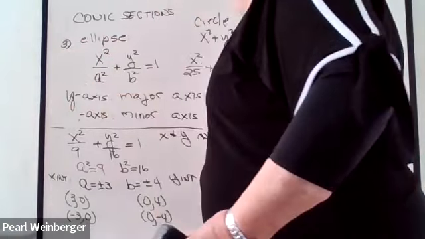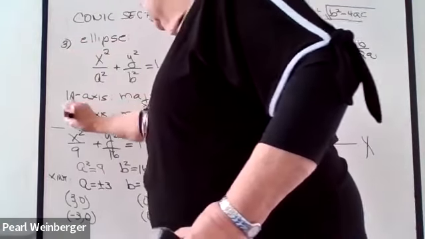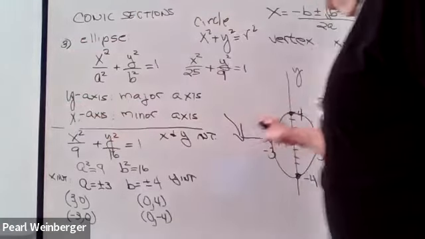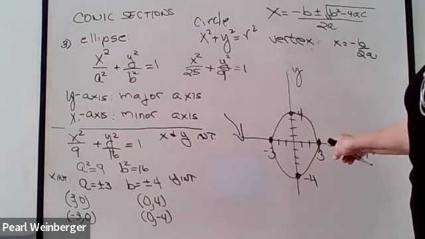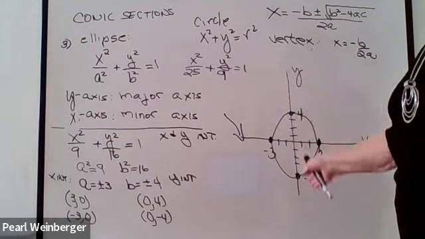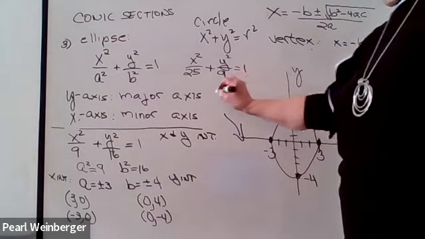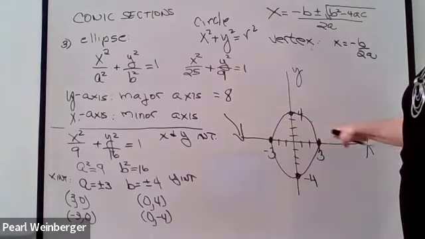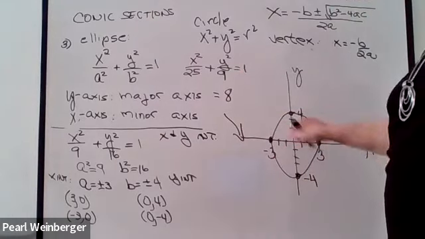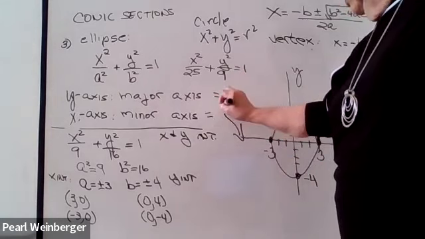That's for this particular example. It's always easy to see if you sketch it. What's the length of our major axis? It's from -4 to 4, so it's a total of 8. What's the length of our minor axis? It's from -3 to 3, so it happens to be 6.